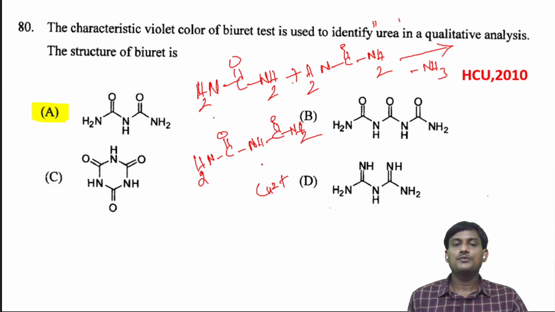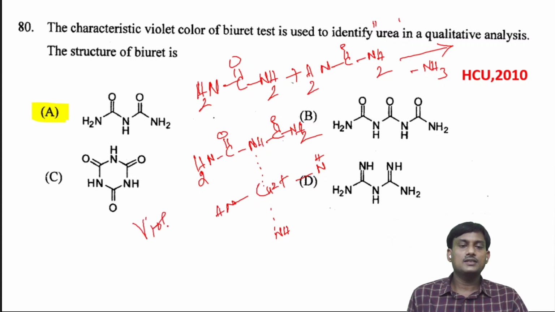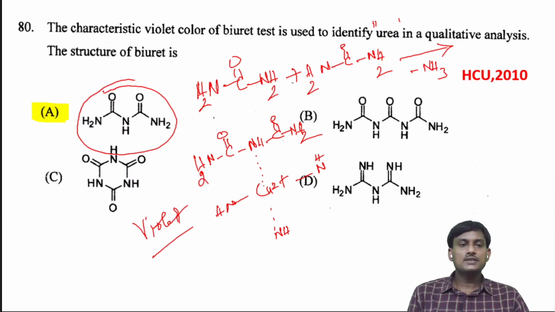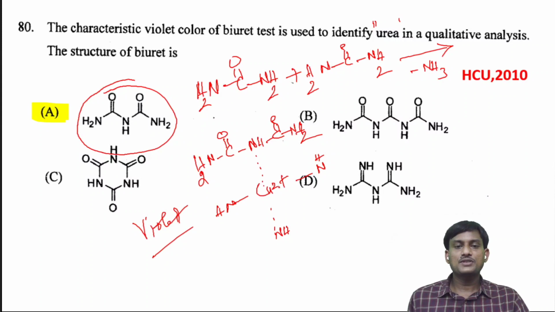In the presence of this compound, there is coordination of the NH groups, 4 NH groups, with copper, and there is formation of a violet color complex. In the biuret test, there is coordination of 4 nitrogens with Cu2+, and there is a conversion of blue color solution into violet color.